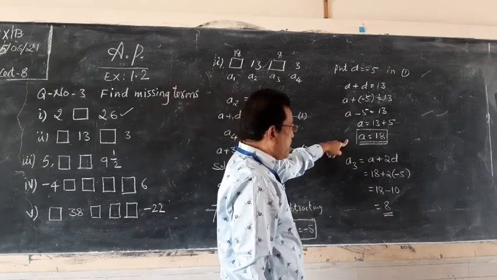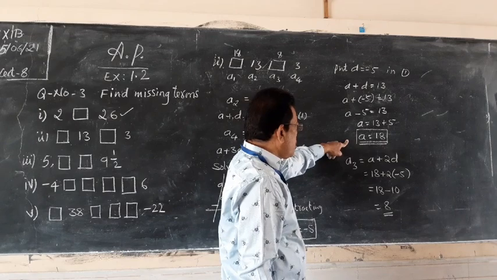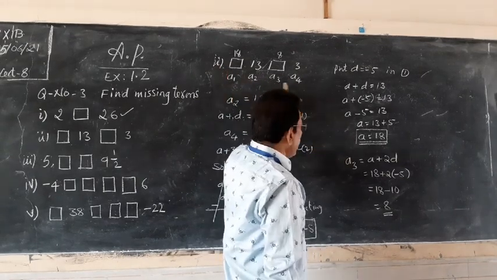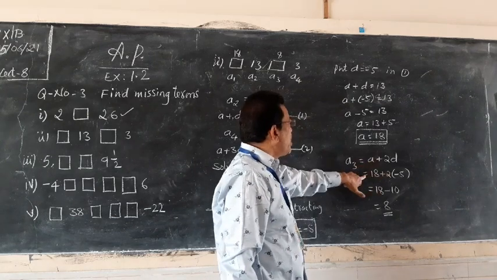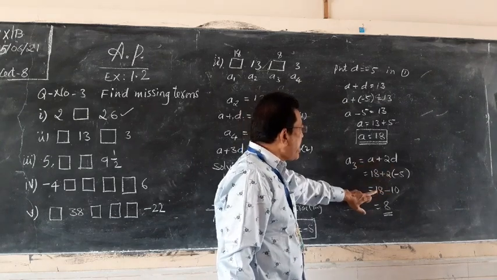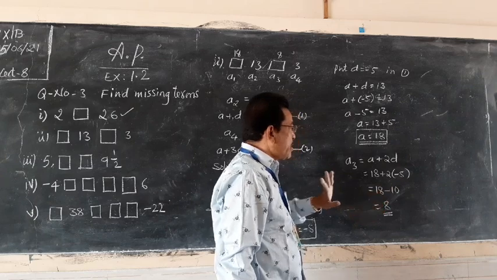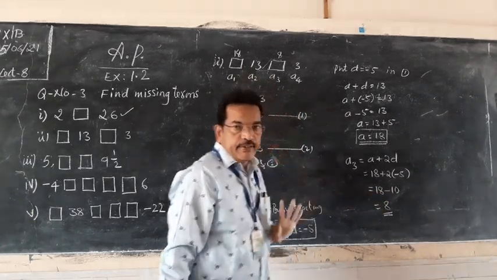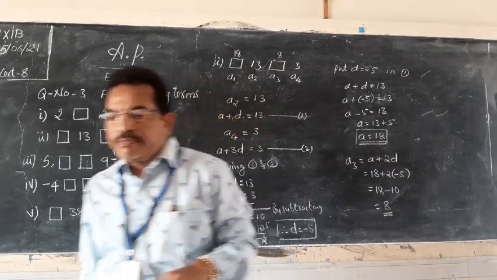After getting the first term, let us find which term we need. Already a is got as 18. We need a3 term. So a3 equals a plus 2d. 18 plus 2 into minus 5. 18 minus 10, that is 8. The missing terms are 18 and 8. Okay, write down.